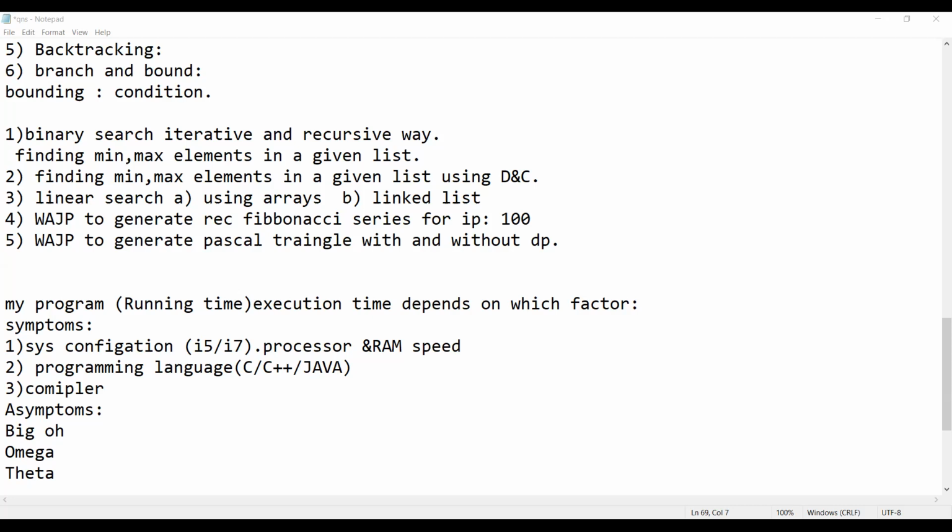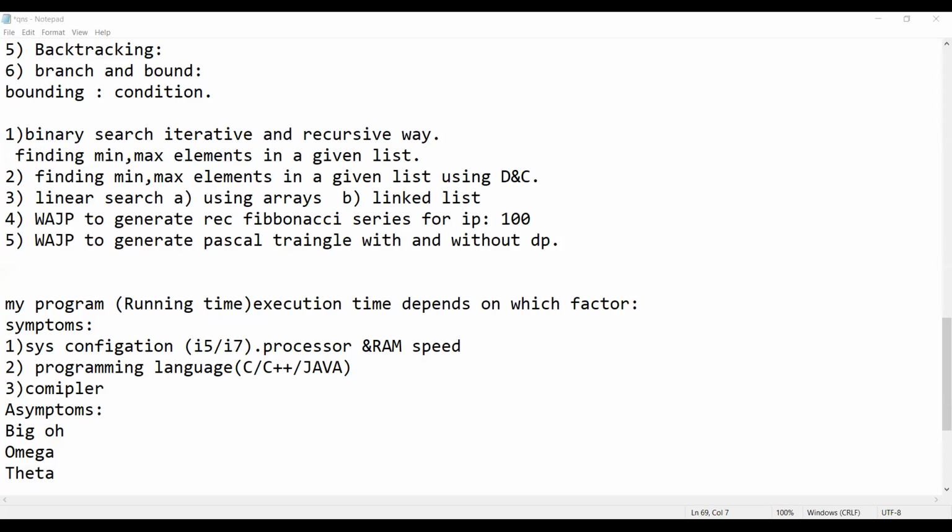In linear search, if there are n elements, what is the worst case time complexity? Children, anyone can speak out. Worst case time order of n. When does it become the worst case? When the searching element is present at the last position or nearer to the last position, or the element is not present in the list.